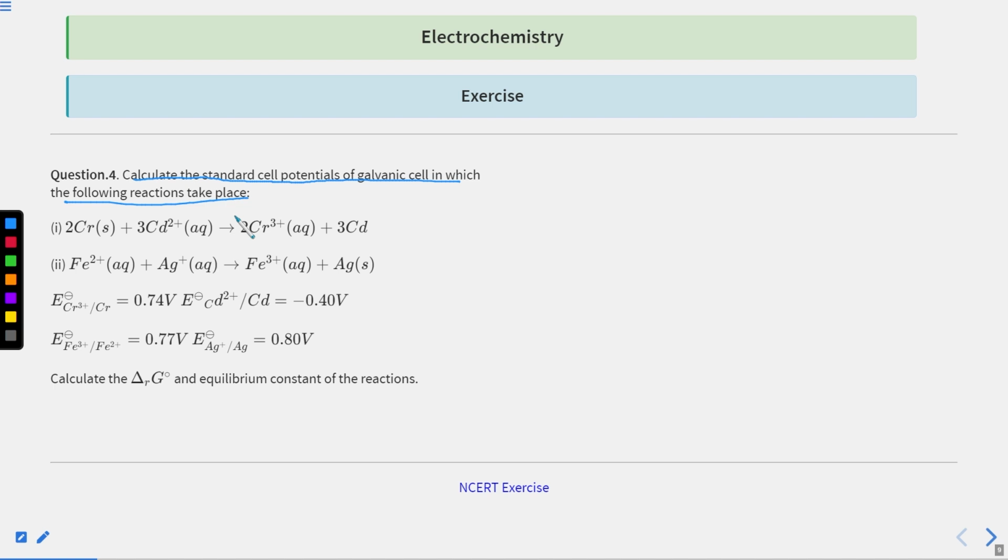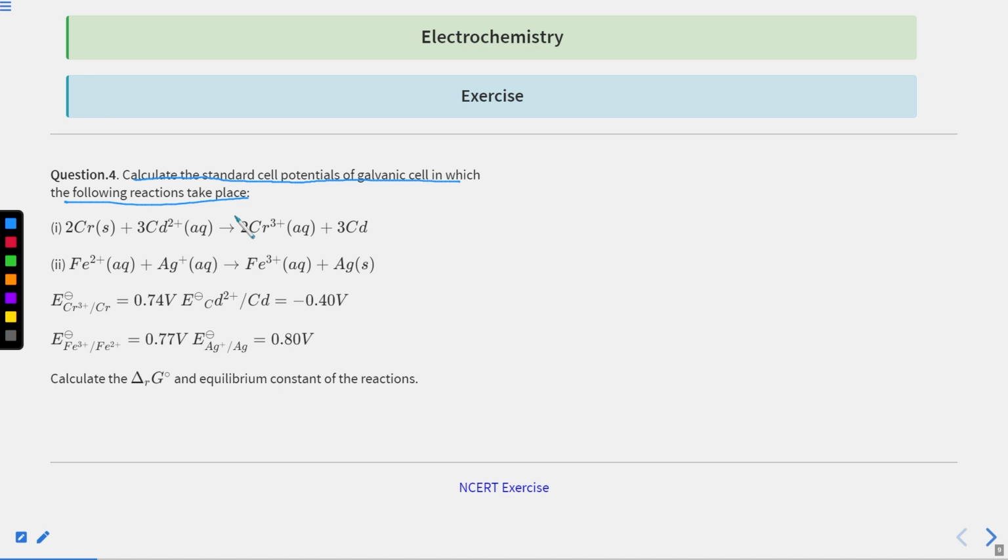Where do you have to derive the concept from? I'm giving you a hint: just remember the thermodynamic part of our chapter. What was it about? If you have remembered, well and good. If not, I'm telling you, it is Gibbs free energy.